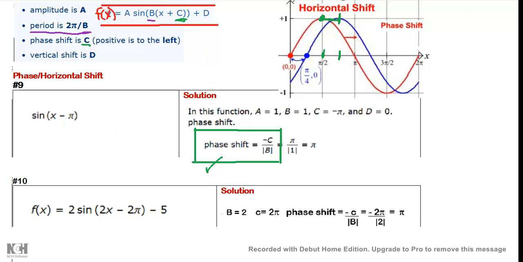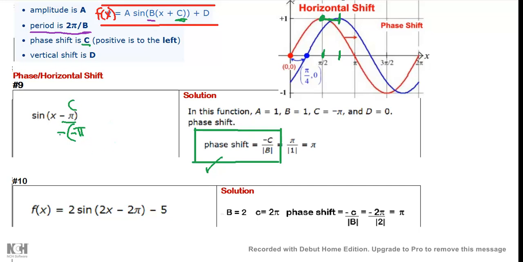So in this problem, there's no number here, which we can assume is 1. And right here, C is just pi. So we'll plug that into our formula. So it's negative C. Okay, because C is negative pi.